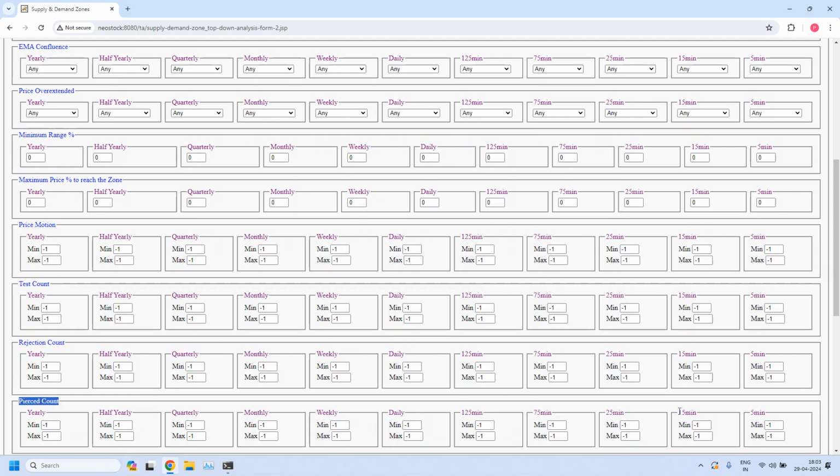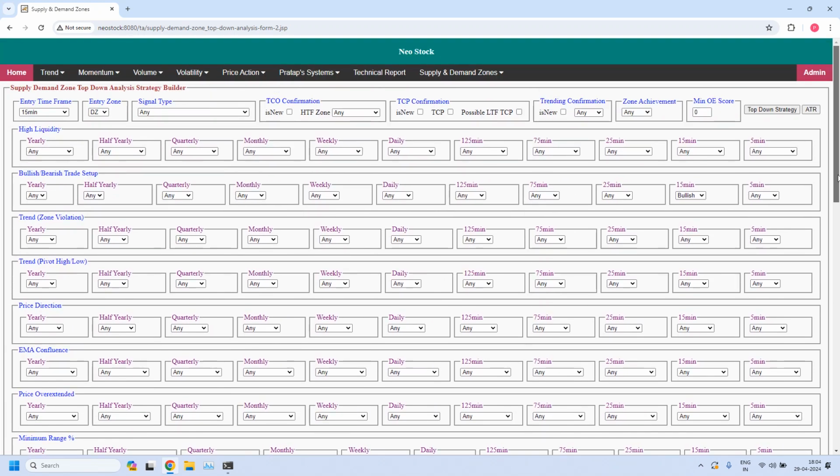So in 15 minutes time frame, that is our entry time frame, I want to set minimum value as 0 and maximum value as 0. That indicates the pierced count should be 0. If the pierced count is 0, it means the zone is not pierced. Only zones that are not pierced are tradable zones.